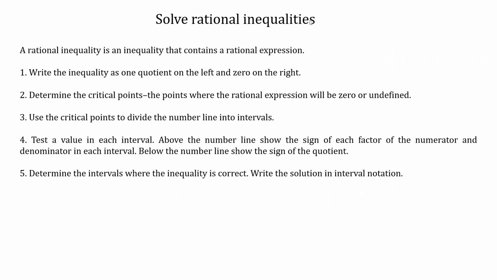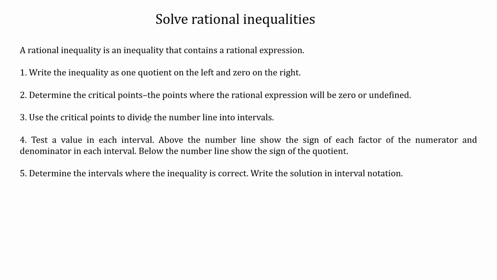Next we consider how to solve rational inequalities. A rational inequality is an inequality that contains rational expressions. To solve a rational inequality, first write the inequality as one quotient on the left and 0 on the right. Determine the critical points, the points where the rational expression will be 0 or undefined.